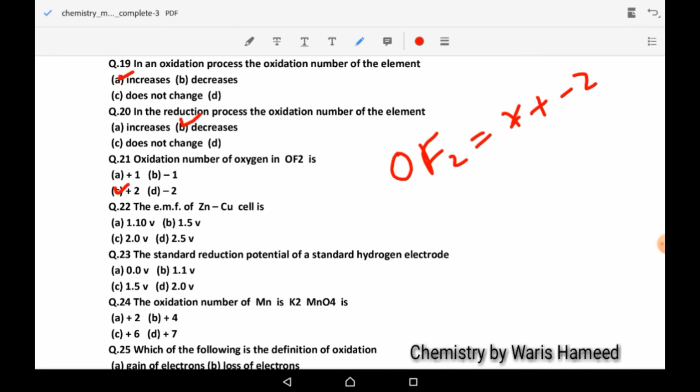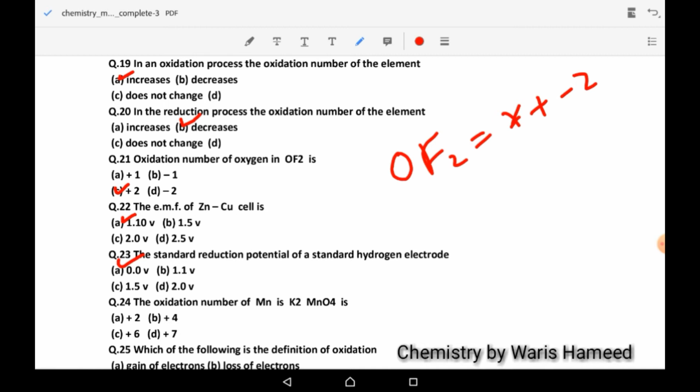22nd MCQ: EMF of a zinc copper cell is 1.1 volt. A is the correct answer. The standard reduction potential of a standard hydrogen electrode is 0 volt. The oxidation number of Mn in K2MnO4 we can calculate.